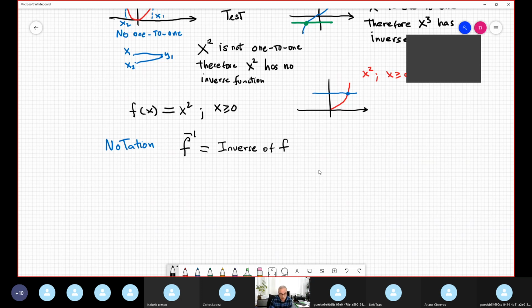Suppose one elementary example. Suppose one function is f of x equals x plus 5. The action of this function is adding 5. Suppose you pick any number, say x equals 10. It's obvious that f evaluated at 10 is 15.